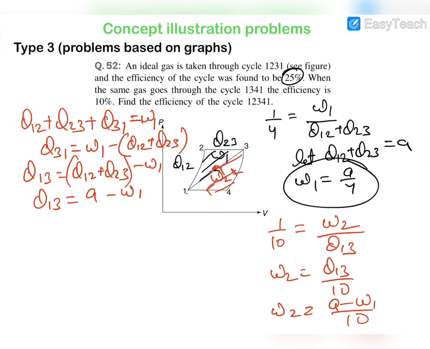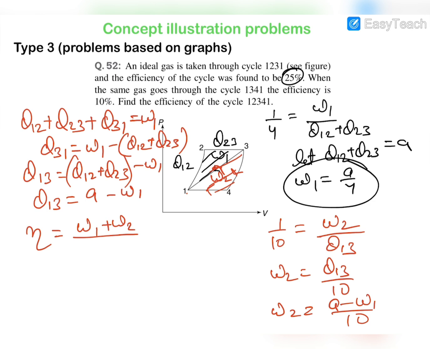Now in the complete cycle, this cycle 1, 2, 3, 4, 1, the efficiency will be the total work done, W1 plus W2, upon the heat supplied. Obviously in this process heat is being supplied only from 1 to 2 and 2 to 3.